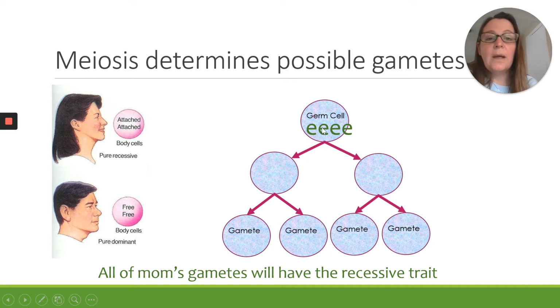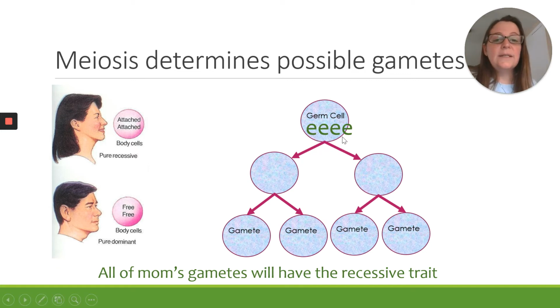So mom has all recessive traits. So she has all lowercase e's. Why are there 4? There are 4 because these two on the left represent that X. So there's like a little e at the top of this one, and there's a little e at the top of this one.